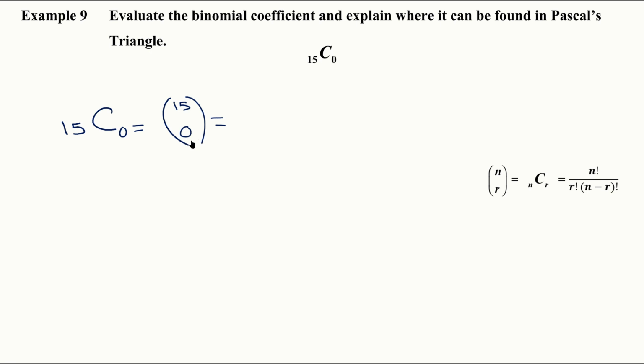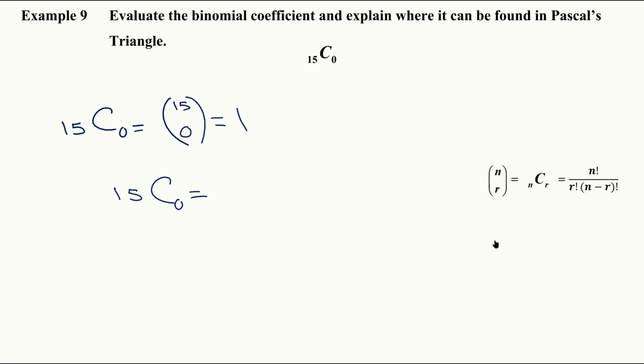So that means it's the first number or the first coefficient in the 15th row of Pascal's triangle, right? So it's the first coefficient in the expansion of quantity x plus y to the power of 15. So we know what that's going to be. That's going to be x to the 15, right? So what's the coefficient? 1. Now let's verify it.